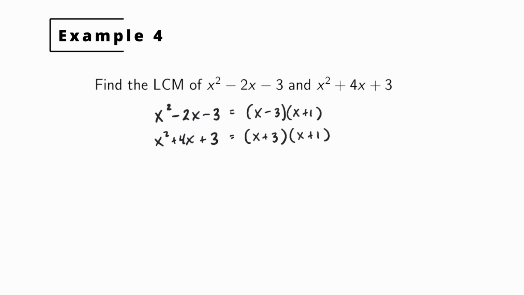So what are our unique prime factors? We have an x minus 3, we have an x plus 1, and we have an x plus 3. Again, no need to include this x plus 1 because we already have that unique factor counted, essentially. So our least common multiple will be x minus 3 times x plus 1 times x plus 3.